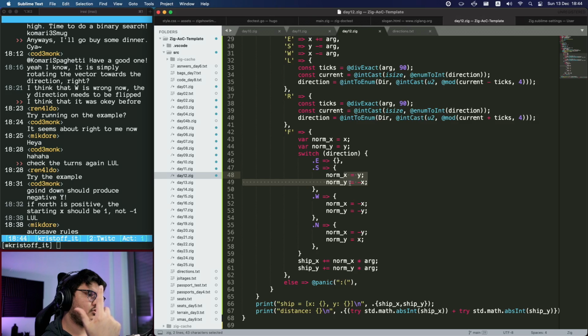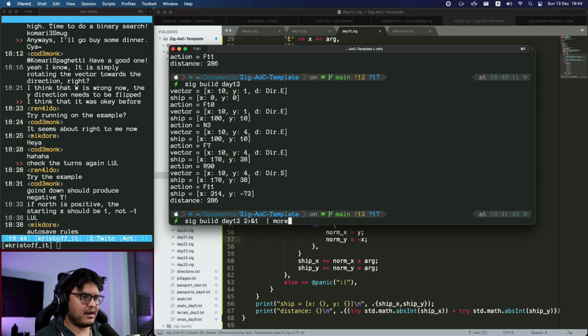Y becomes... I'm a moron. Y becomes X. How can I mess around this much with these things? Y becomes X. X becomes minus Y. And I guess these also get flipped around.